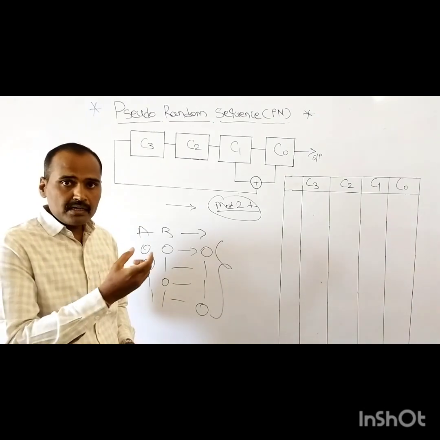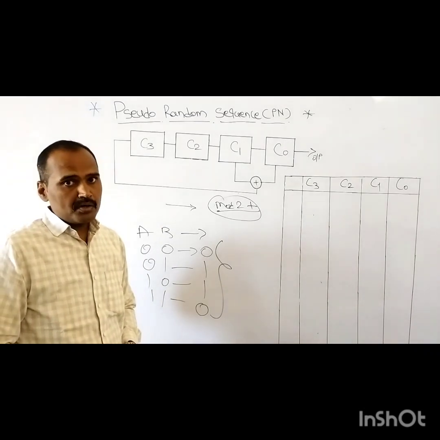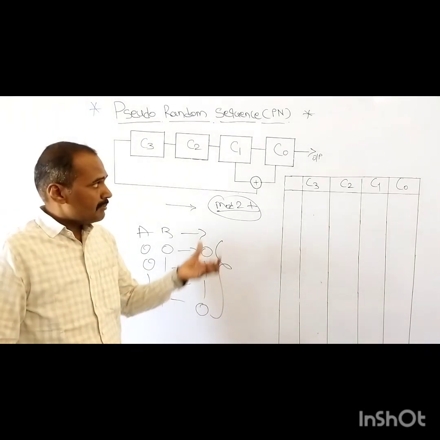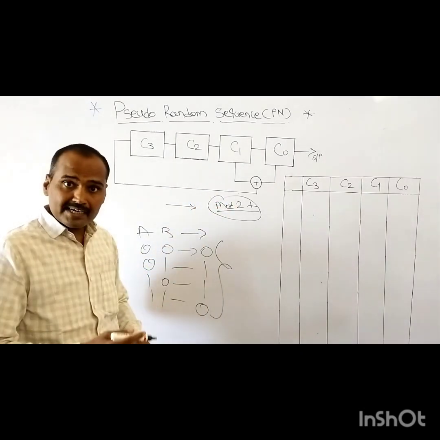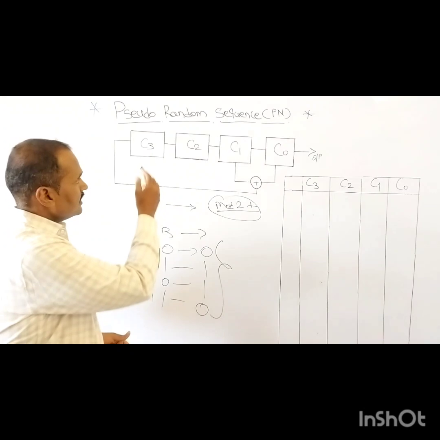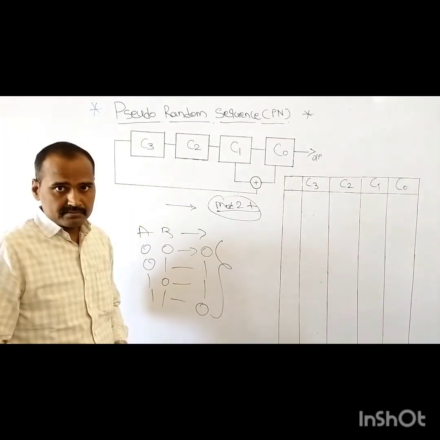Whenever such a shift register structure is excited with an external clock signal, or once we apply a clock to this 4-bit shift register, the content of each shift register is changed.